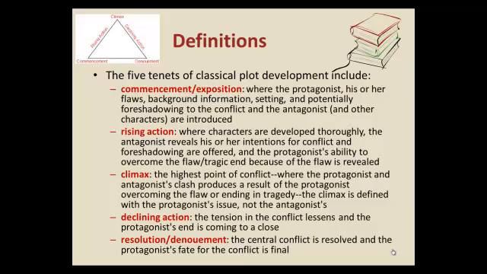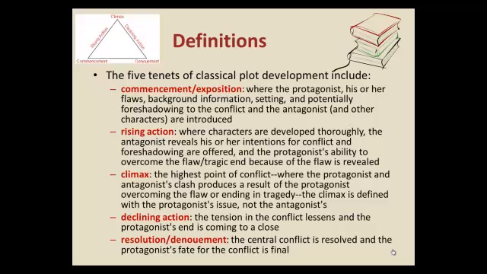And one important component to the climax is that the climax is defined by the protagonist's issue, not the antagonist's issue. Okay, so it doesn't matter that the antagonist has been defeated per se. It's, did the protagonist overcome his or her issues? I think The Wizard of Oz is a great example of that, and we'll talk about that.